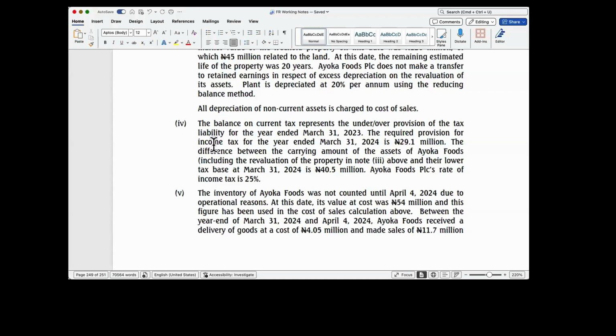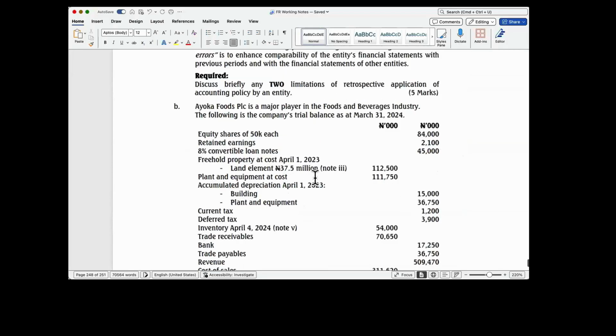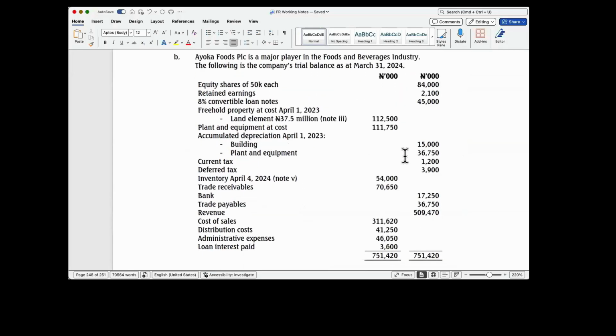Okay, so here now, I need to deal with taxes. I was given my current tax, and the examiner acknowledged what I explained to you earlier, that the current tax in the trial balance represents under or over provision for tax. So they didn't tell you whether it's over or under. But you should know that since this 1,200 is on the credit side, it is an over provision for tax.